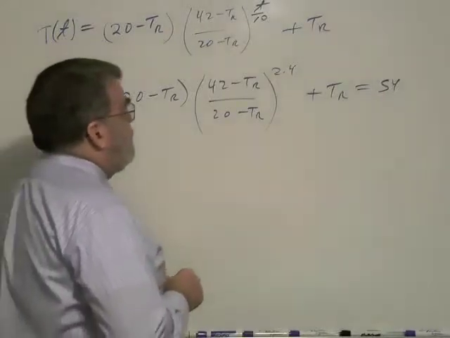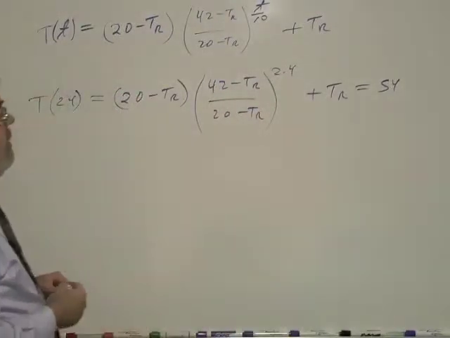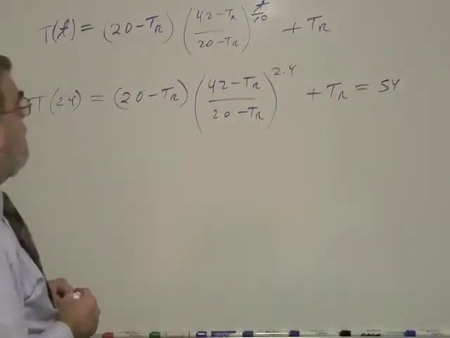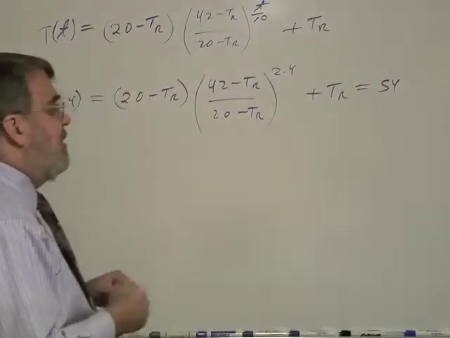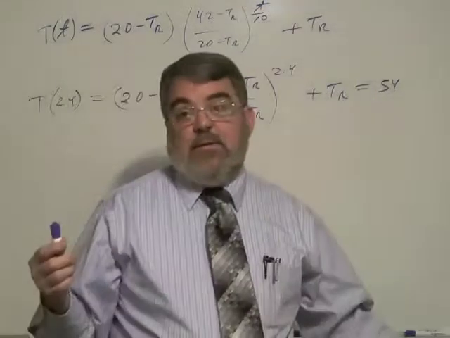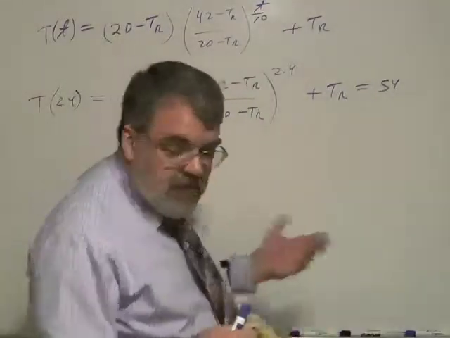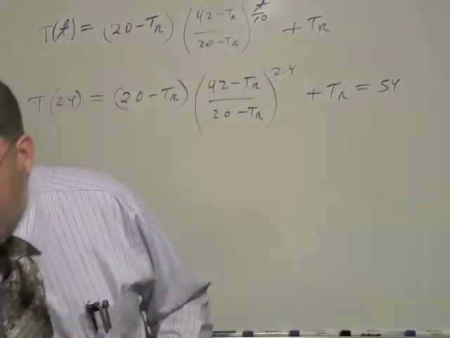We could use Newton's method to approximate Tr here, by subtracting 54 and setting it equal to 0. Or we could use our modern technology, which I've chosen to do, to approximate it.